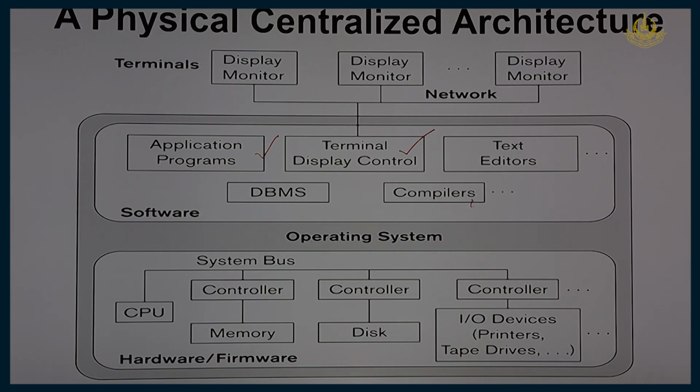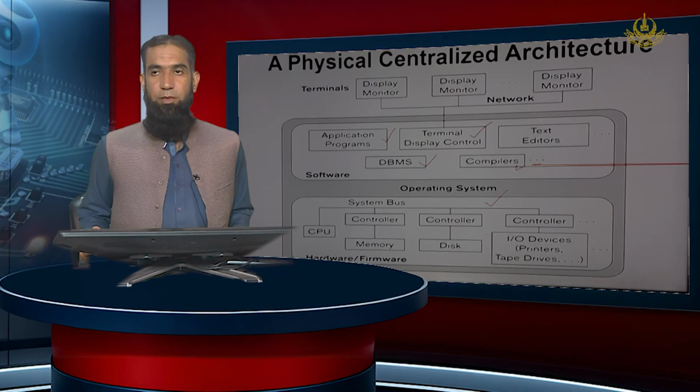Compilers compile these queries. DBMS is a software that manages all these things, and the operating system is the normal operating system on that machine. Operating system is basically a software that manages all the things for running a computer, but at the layer above there are different softwares that can be the database management system and compilers.